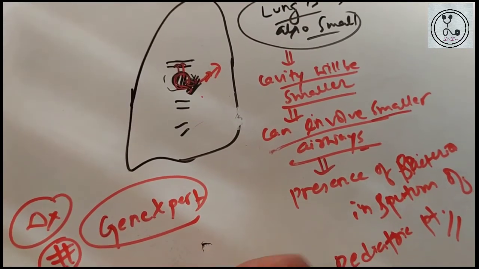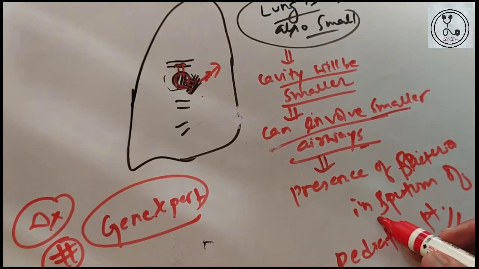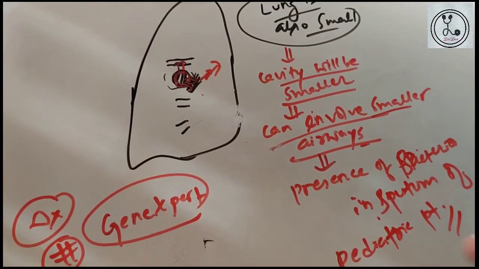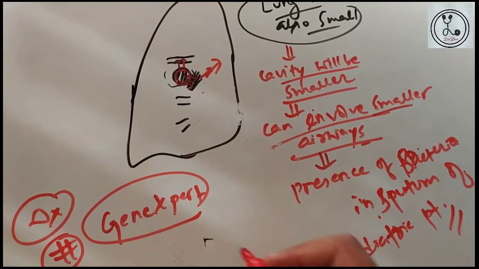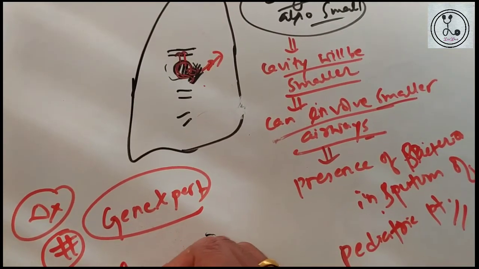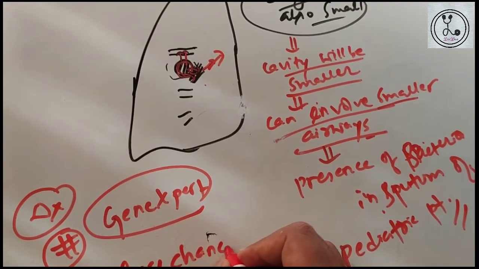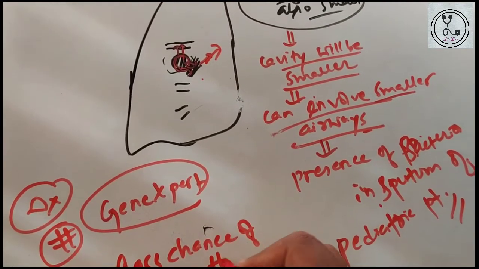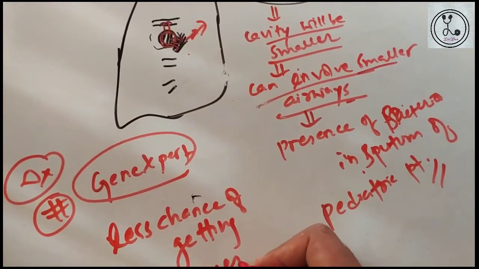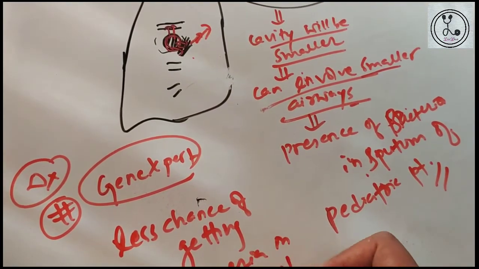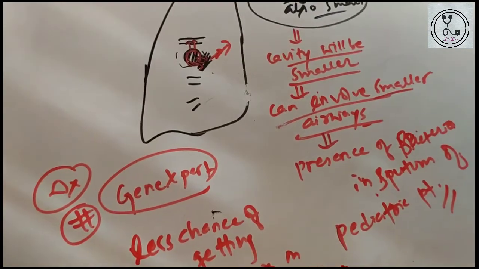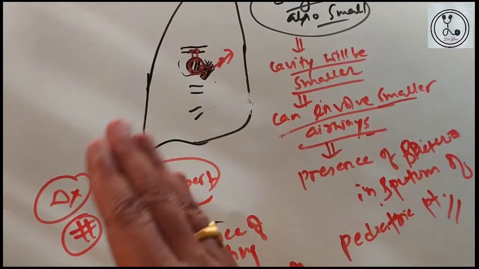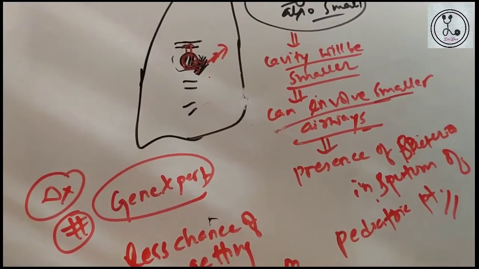I said there can be presence of the bacteria, but the sensitivity that the bacteria will be present in the sputum is very low. So there is less chance of getting bacteria in sputum. As the cavity is small, there is very little chance that the cavity can involve the smaller airways.